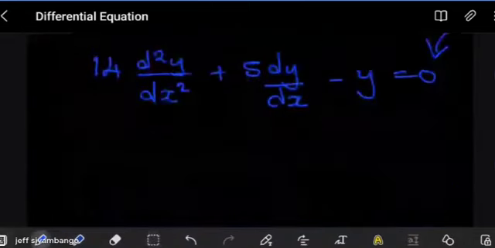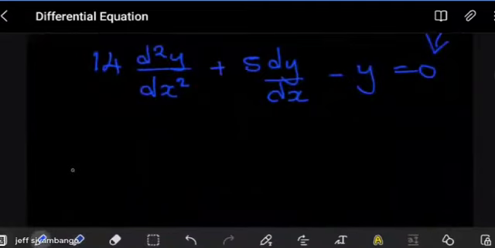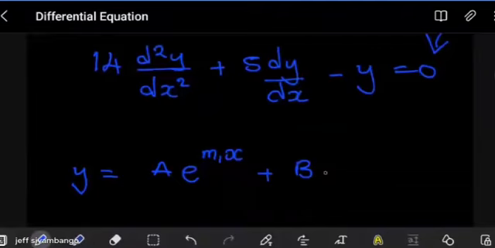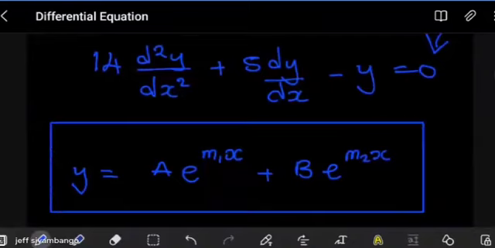Now, of course, we need the characteristic equation for one simple thing. Our general solution is going to have the form where A is a constant, times e to the power m1x, plus B, another constant, times e to the power m2x. This works when the values of m are real and different.